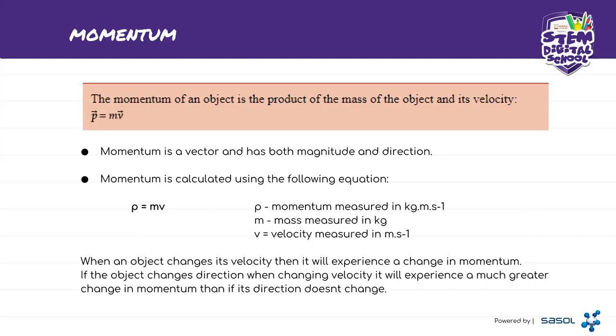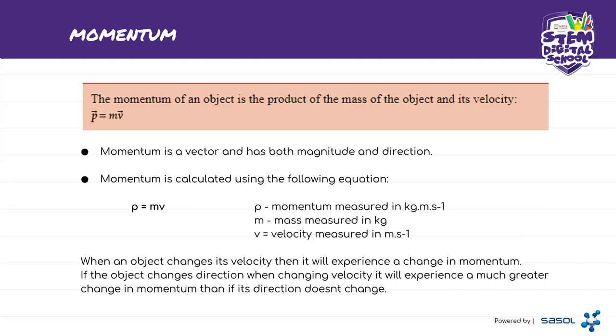Okay. So it says here, momentum is calculated using the following equation. So this is our equation for momentum. Okay, this is a p. It just looks very funny, but it's a p. So we use a small p because the capital letter P is for power, and we are not working with power at the moment. We're just working with momentum.